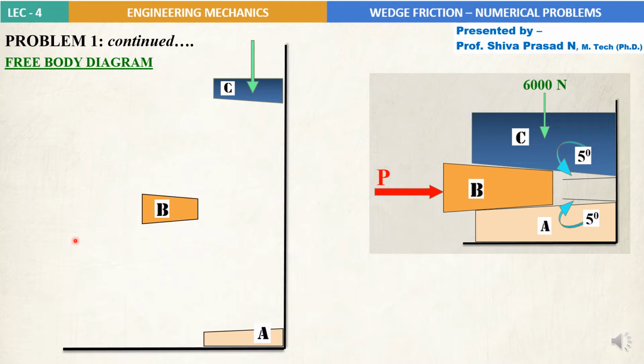The weight of stone block C is given in the problem, that is 6000 Newton, that we take as acting vertically downwards. Please note that we don't have any self weights of wedges A and B because it's given in the problem to neglect the weights of the wedges.